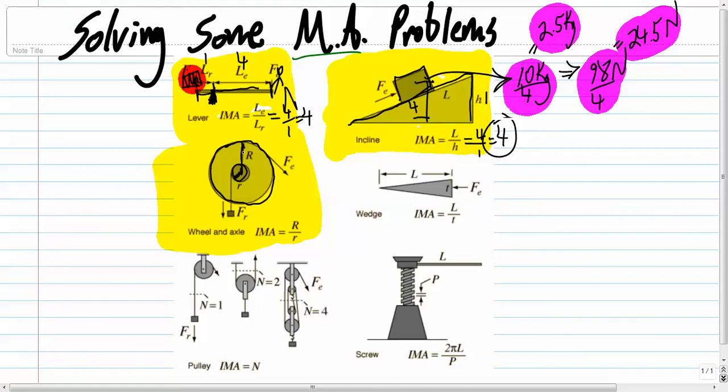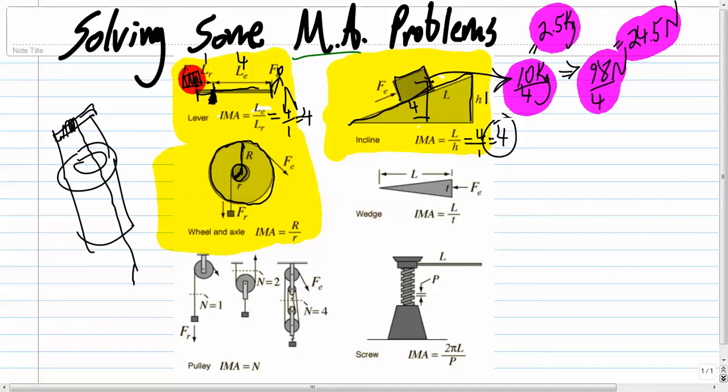That's the skinny part. So where would you see something like this? Maybe in a well house, or just a well, I should say. So there's like a bar here, and there's a rope that goes around here that goes down to a bucket underground, where you're going to bring out some water.